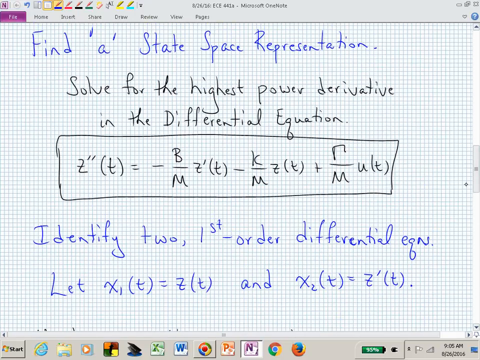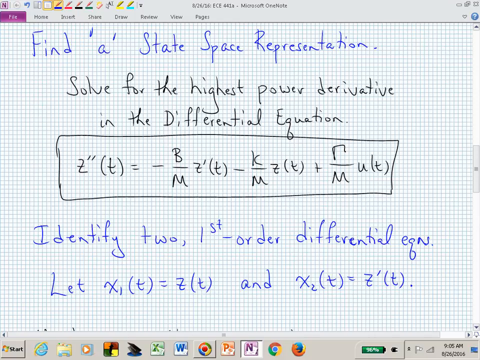Now what we want to do is, from this, identify or extract or create two first-order differential equations. This is a second order, so we should be expecting two first-order differential equations to describe that for our state space representation, which means we just keep defining state variables until we get to the point where, if we differentiated our most recently defined state variable, it would give us the highest power derivative in our equation.